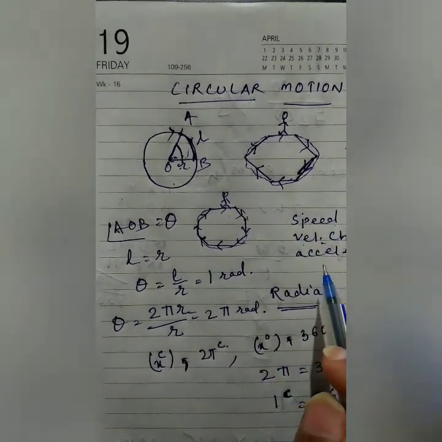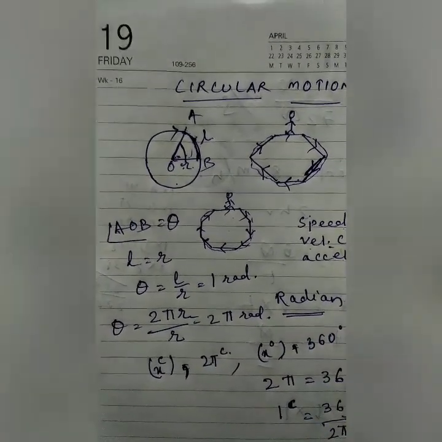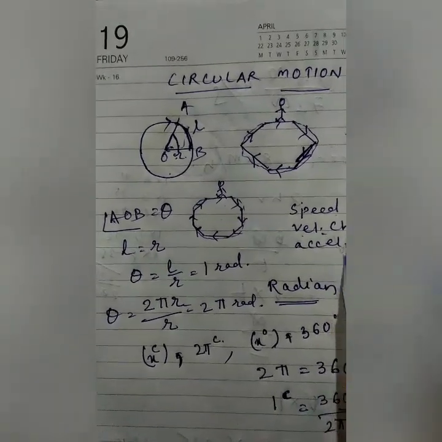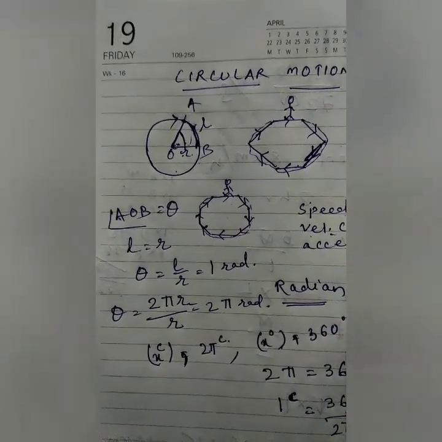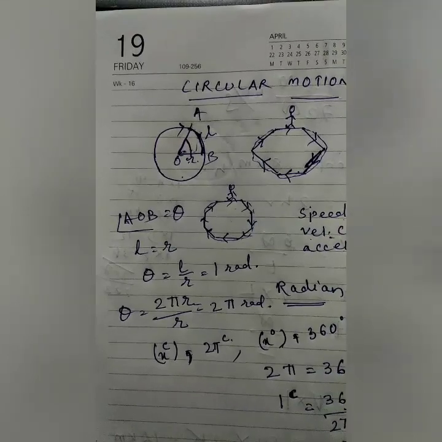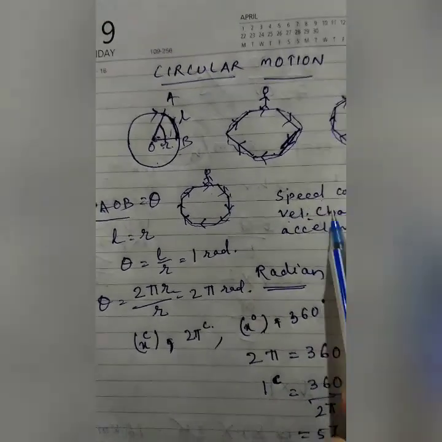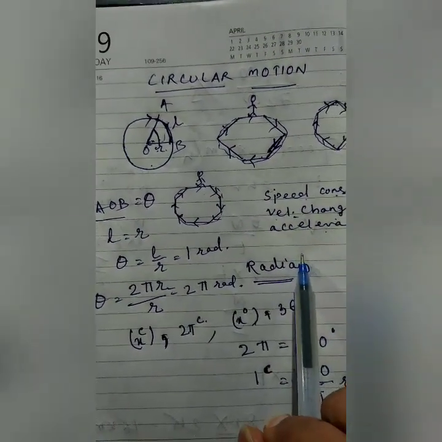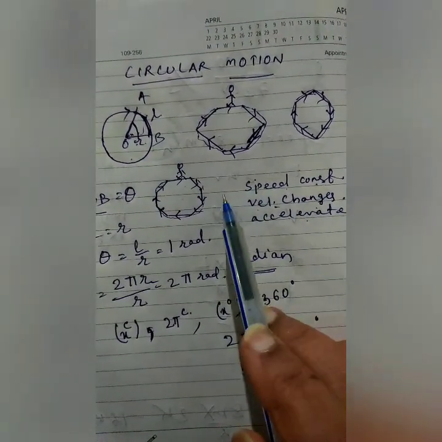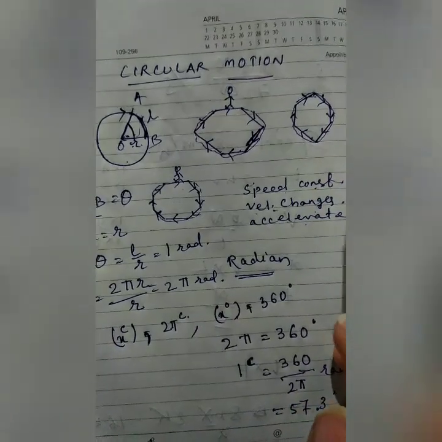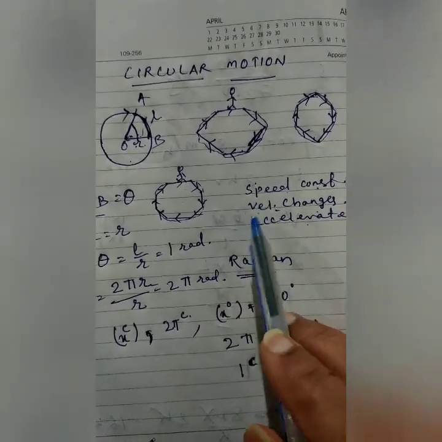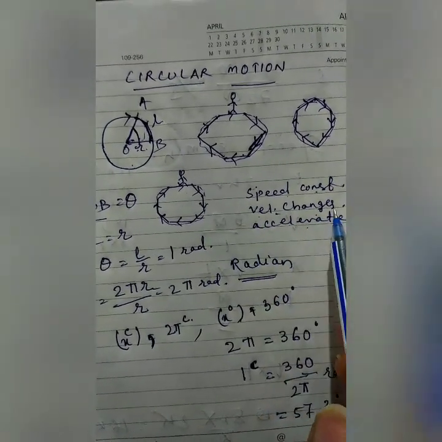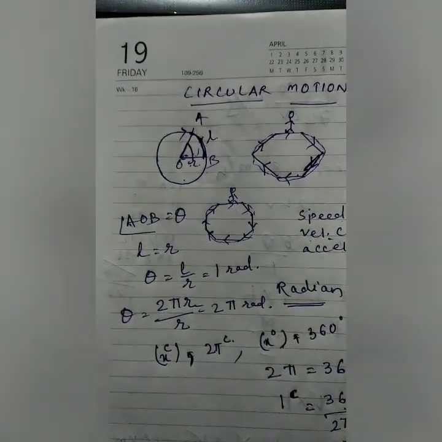In uniform linear motion, the direction of motion does not change, whereas the direction of motion continuously changes in uniform circular motion. Uniform linear motion is non-accelerated, whereas uniform circular motion is accelerated because the speed is constant, the magnitude of the velocity does not change, but the direction of velocity changes at every instant. That's why velocity changes, so it is accelerated motion.